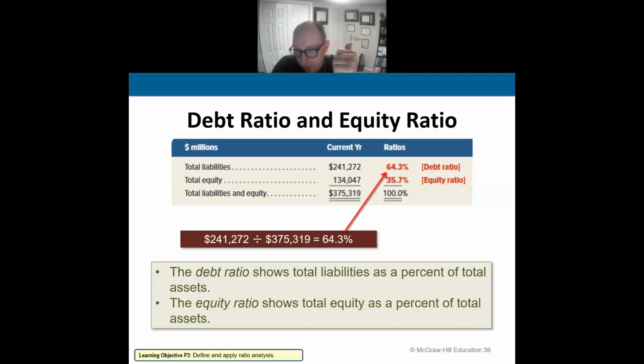Debt financing, you're getting the money from the bank through loans. Equity financing, you're getting the money from your stockholders, founders, investors, etc. These ratios tell me how leveraged the company is, and that's why it's important to understand the balance between equity and liabilities.